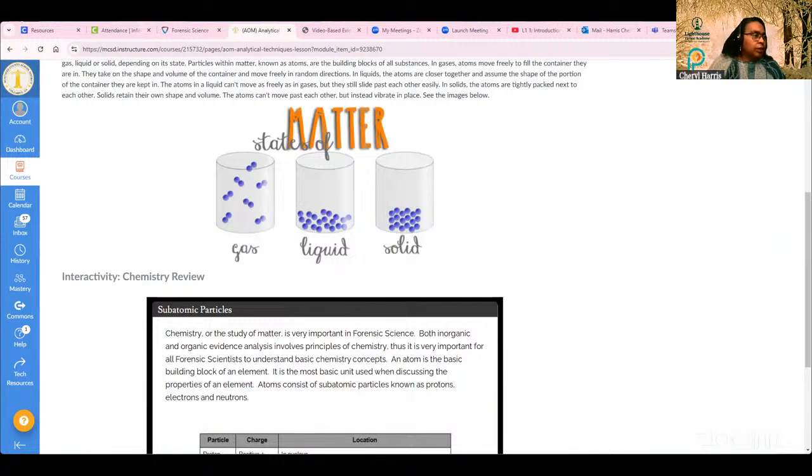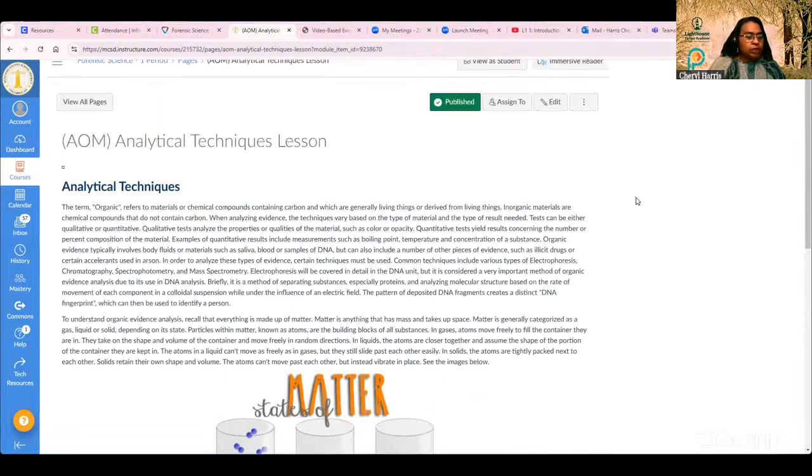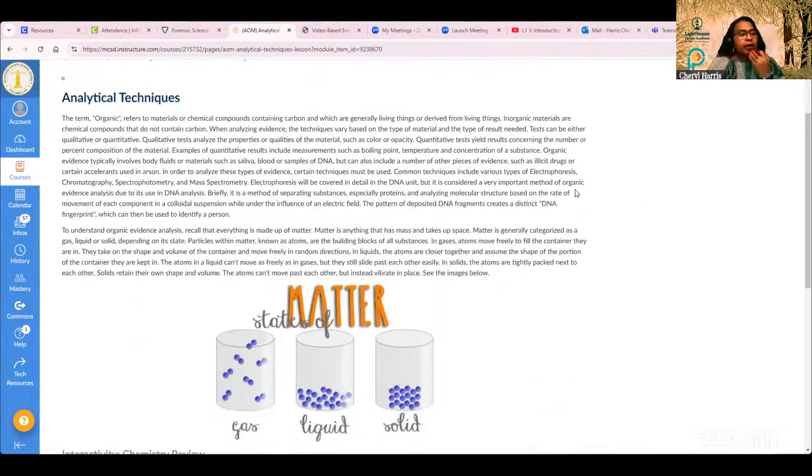Okay. So again, hopefully you read over the paragraph. We are looking at this little bit of chemistry for the next couple of lessons. All living things are considered organic matter. Whatever state of matter they're in, solid, liquid, or gas, if it is a living thing, then it is considered the study of organic chemistry.